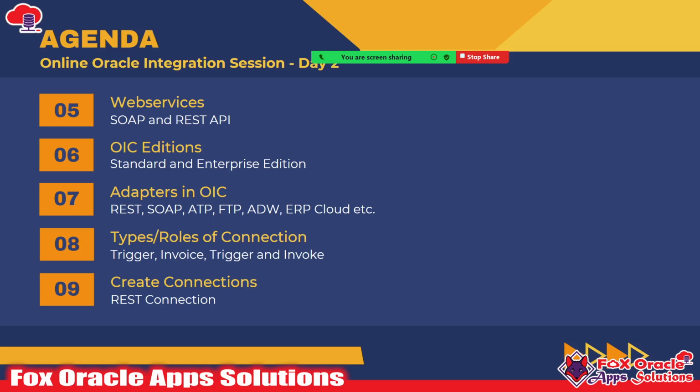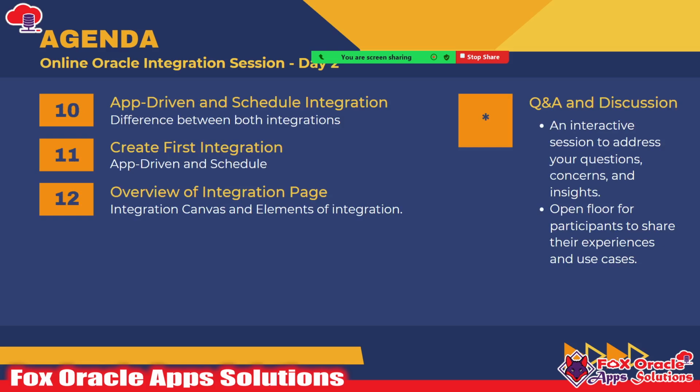After that, we will move to the connection creation part, where we will create one or two basic connections so that we can use the same connections while creating the integration. Before the end of this session, we will create two integrations: the first will be app driven and the second will be scheduled.